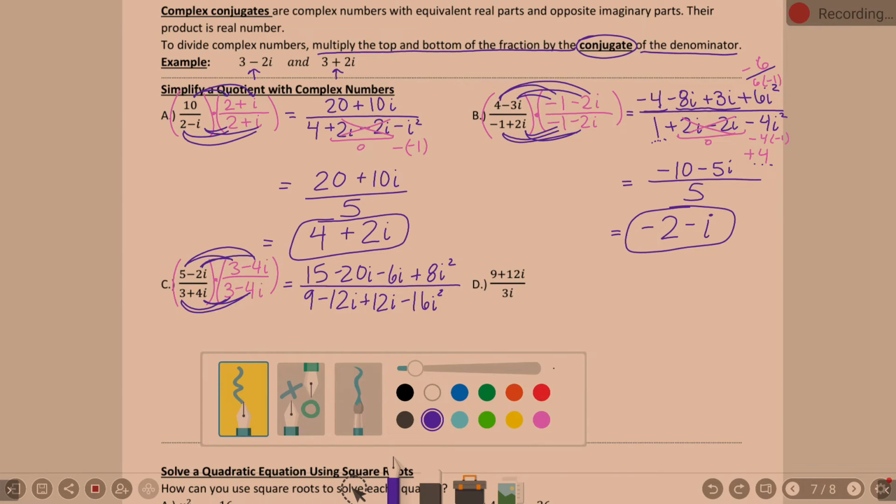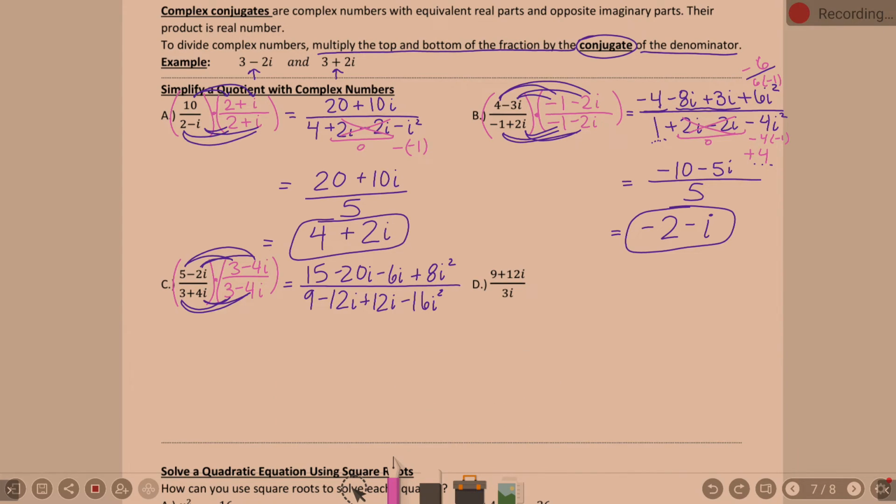Okay. Is there some cleanup you see? It's kind of a silly question at this point. There definitely is, right? What do we know? Plus 8i squared is going to be minus 8, right? Because that i squared is negative 1. What about minus 16i squared?